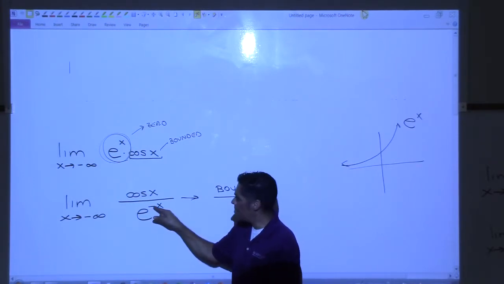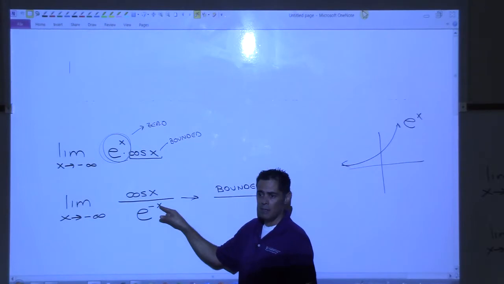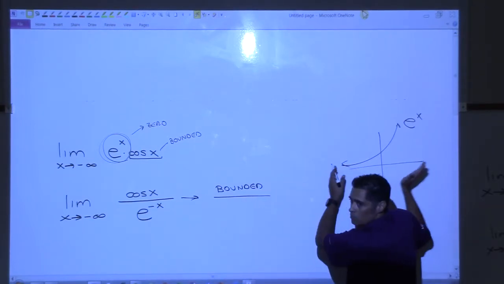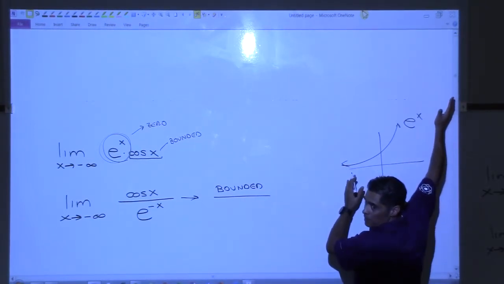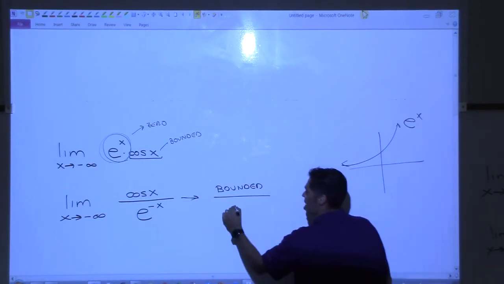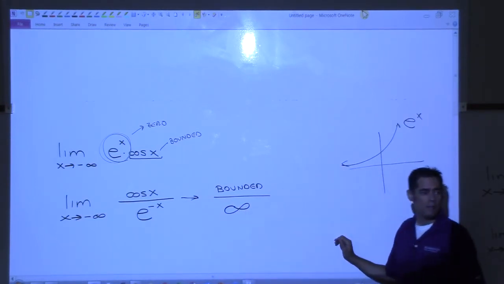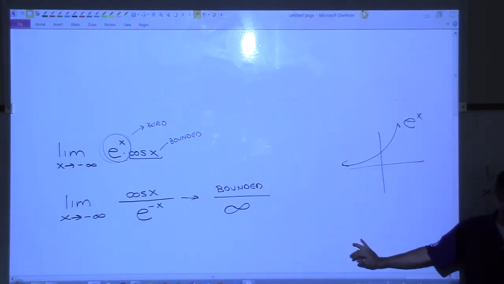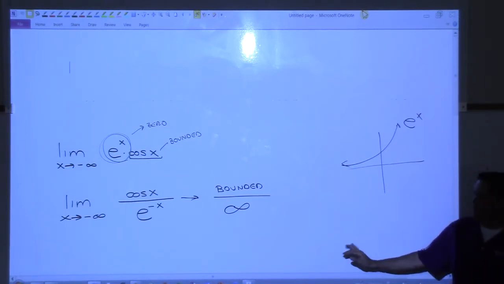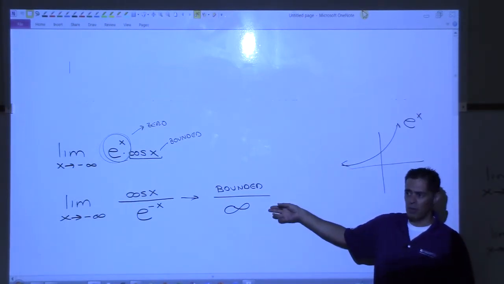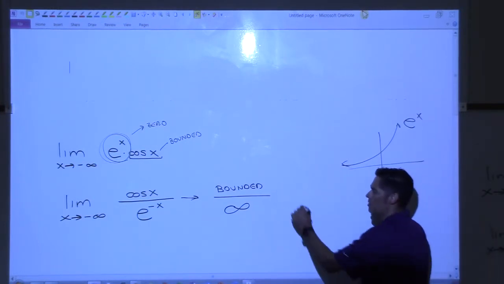And then that means e to the positive infinity would become infinitely big, right? So this would become infinite, which is going to give us 0. Because that we already established. Bounded over infinity is 0. So bounded over infinity always gives us 0.